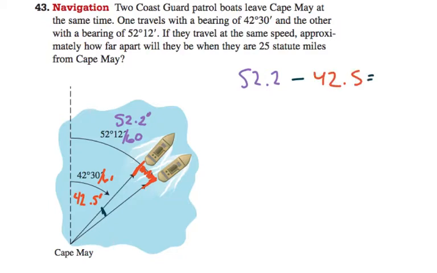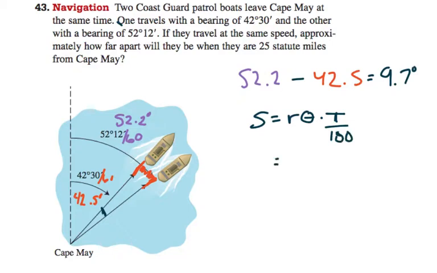And so that missing arc length is going to be 9.7 degrees. And so we're really just going to use our arc length of r theta, but we are in degrees, so times pi over 180.